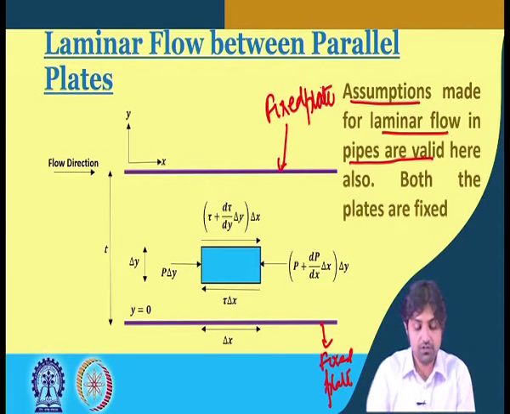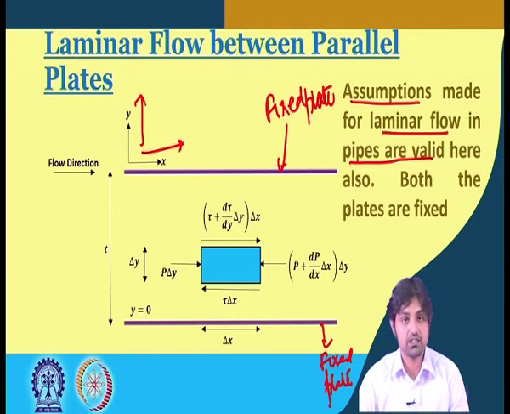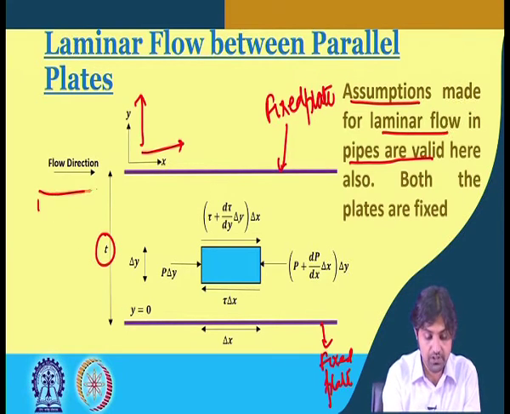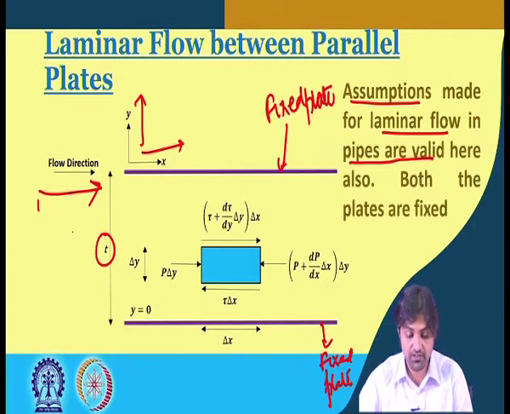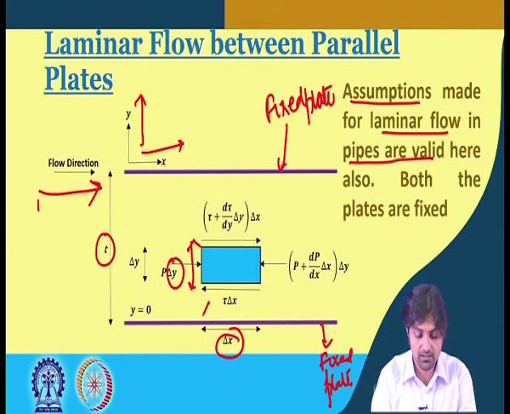As you can observe, this is the x direction and this is the y direction. The distance between the plates is given by t. The flow is in the positive x direction, and we have assumed an element having length delta x and thickness delta y.